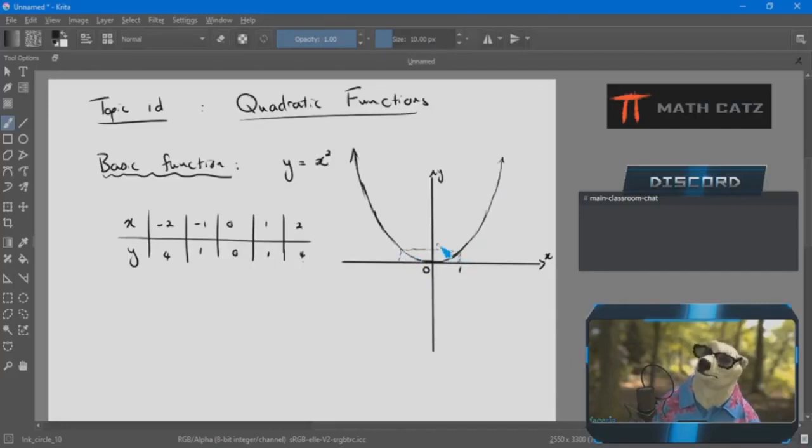Not the same scale. If I plug in a 1, I'll get a 1 there. If I plug in a 2, I'll get 4 from that, and -2. So I have these points, and of course there's a bunch of them in between. All right, so I have my parabola.